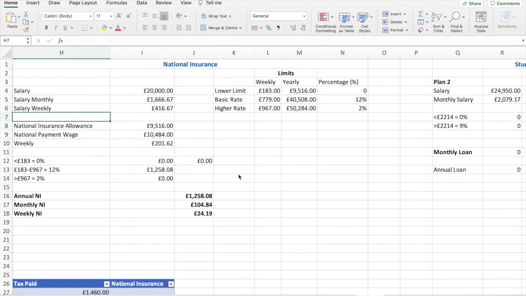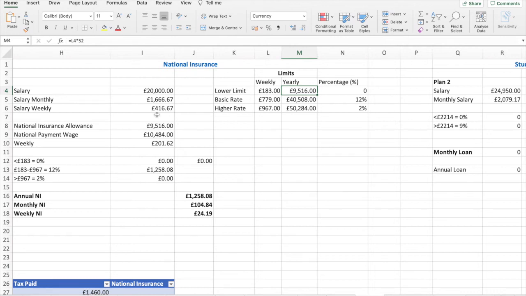So what we're going to do is take Sarah's wage. Sarah's on 20,000, which amounts to a £416 weekly salary. The personal allowance for national insurance would be this figure here times 52 weeks in a year, which gives a yearly national insurance personal allowance of 9,516.